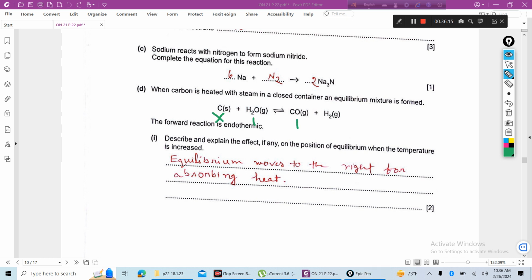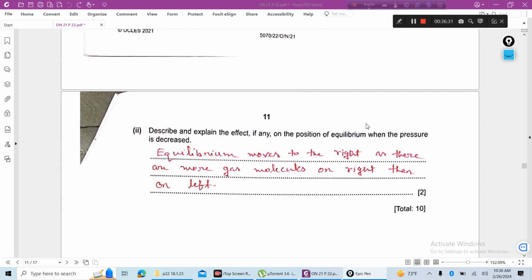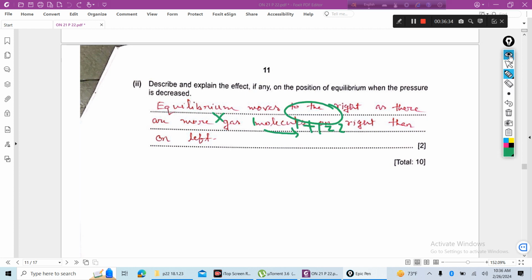Left side 1 mole, right side 1 plus 1, 2 moles. So the right product side has the greater number of moles. So if you decrease pressure, equilibrium will move from left to right. Now see the answer. Equilibrium moves to the right as there are more gaseous molecules on the right hand side than on the left.